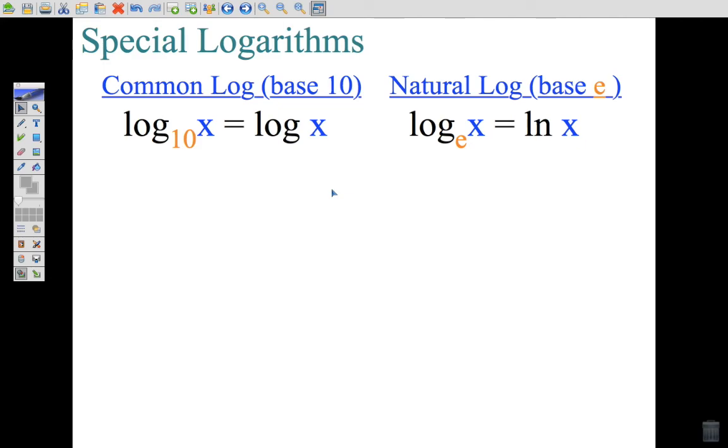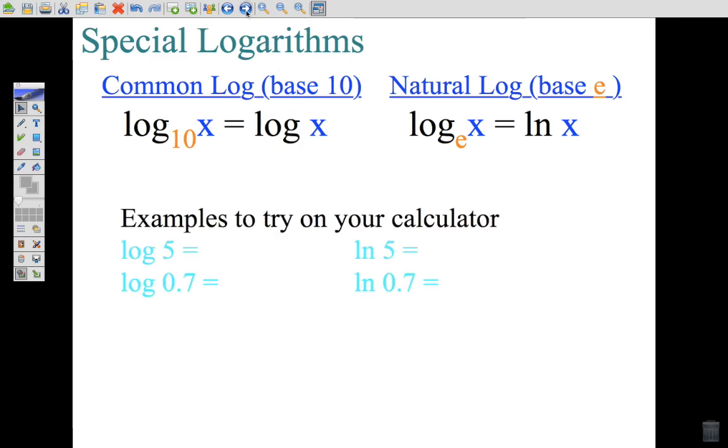When you look at your calculator, you will see that you have a log button. That's for the common log, log base 10. It doesn't work for any other log base, only log base 10. And below it you have the natural log button, ln. So get used to where those buttons are and try out these couple problems just to make sure that you found the right place on your calculator.